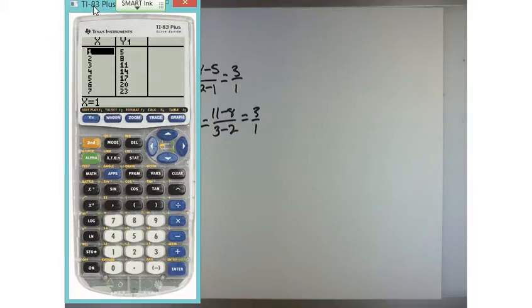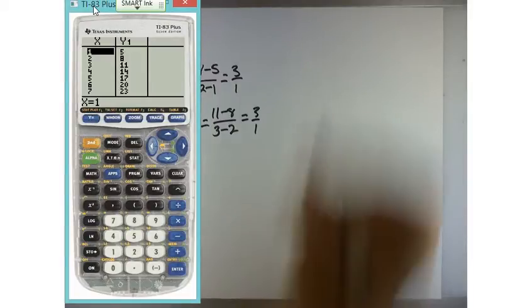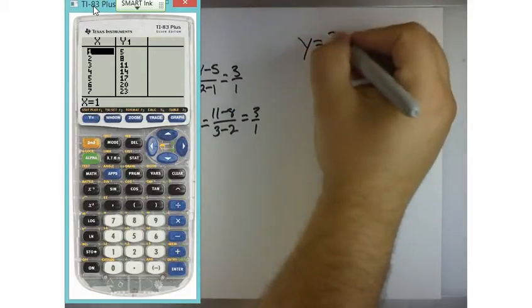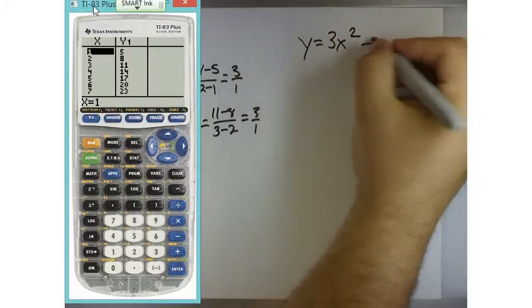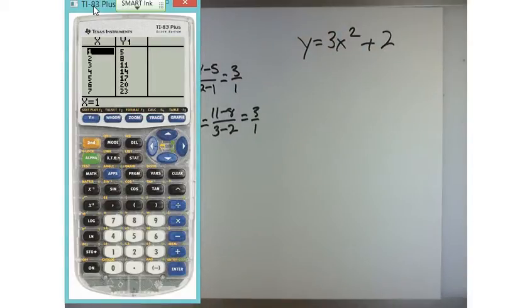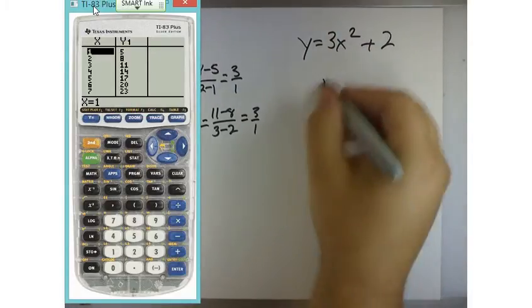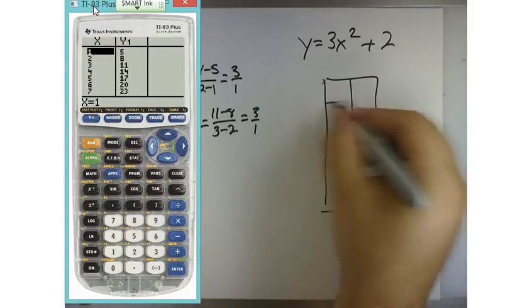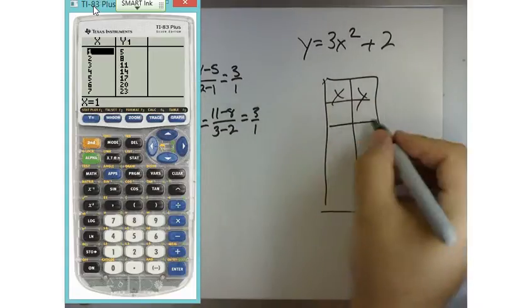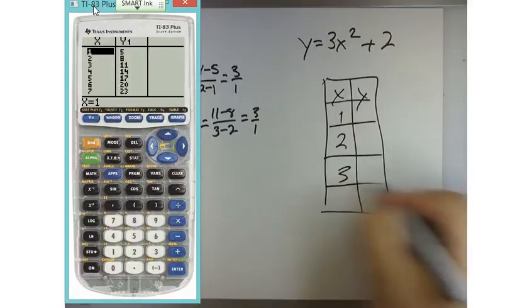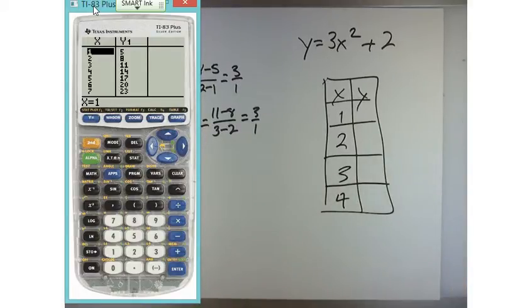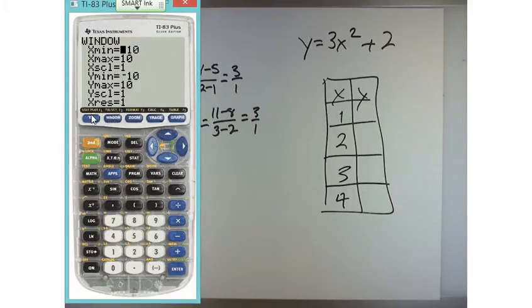Now here's what's different. If I change this to y is equal to 3x squared plus 2, and I do the same thing and I make a table of values, and I go 1, 2, 3, 4, now it looks different. So now I'm going to plug that in for an equation, and I'm going to put them side by side so you can see the difference.